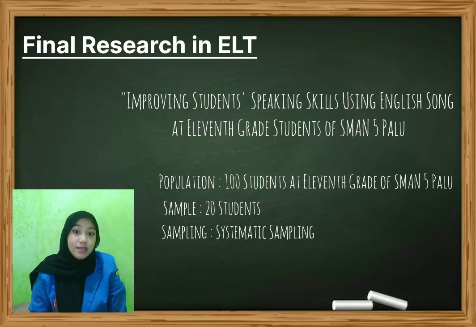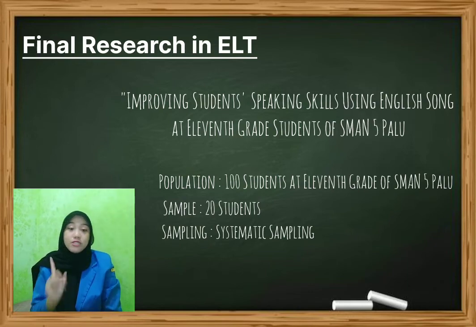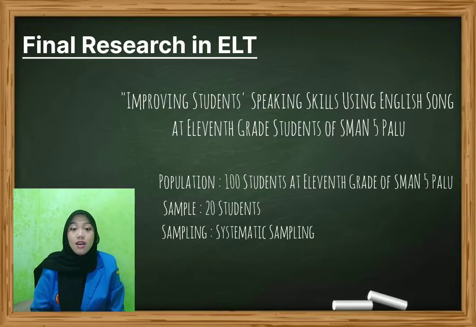until class E. Okay, I will choose the first number is 5, and then the next number is the multiple of 5, which is 10, and so on periodically.